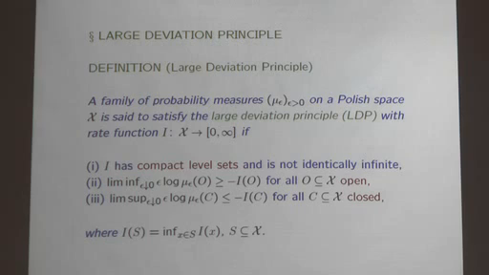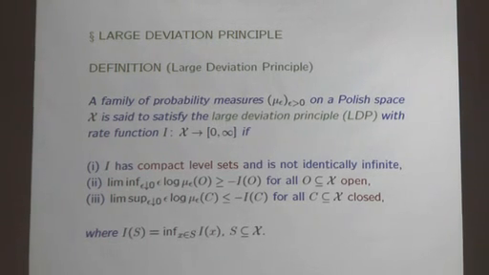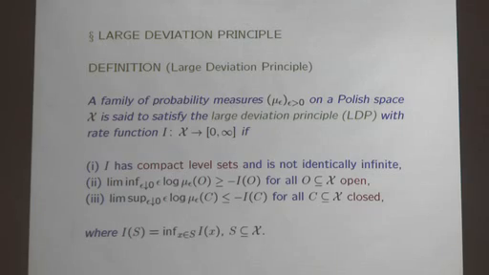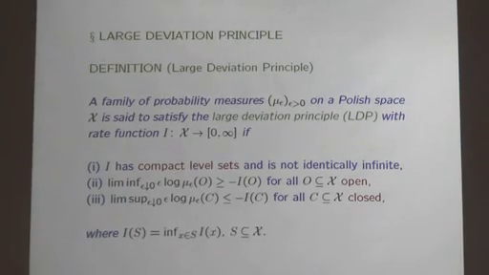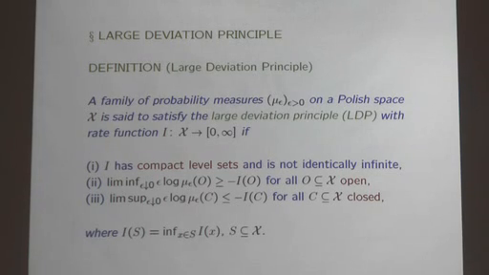It's enough to get upper and lower bounds for open and closed sets, and that's the way to formulate it. So you could think of the LDP as a kind of exponential version of the notion of weak convergence, right? This compact level sets property is important, and some people say when you have this, you have a strong LDP.